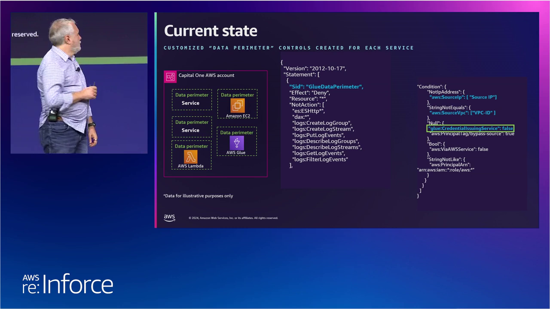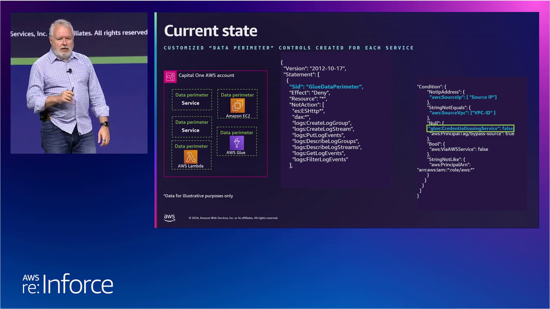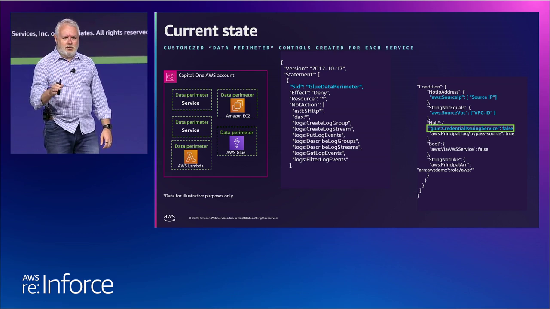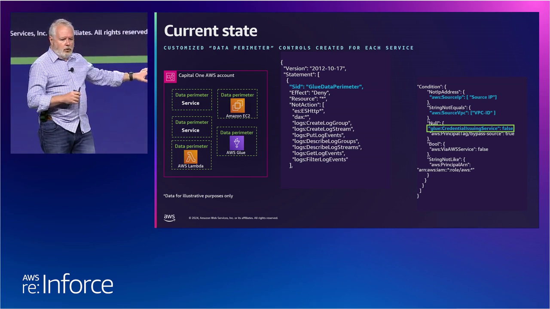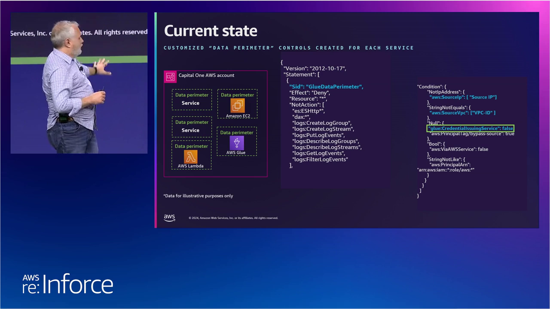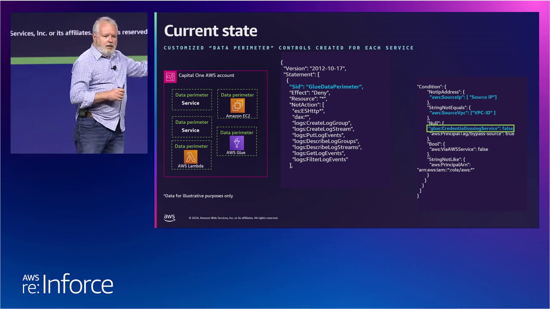It was kind of maddening. But we got there. It took a while. It took almost 2 years. But we do have a working data perimeter now for Glue. And again, different set of API actions, condition key to let us know, hey, this is being used for Glue. But this was not fun.